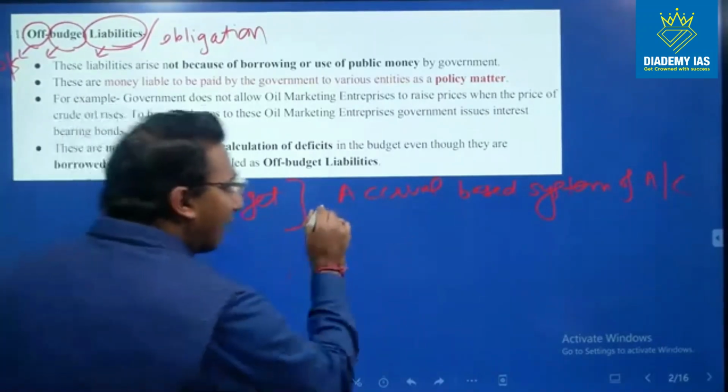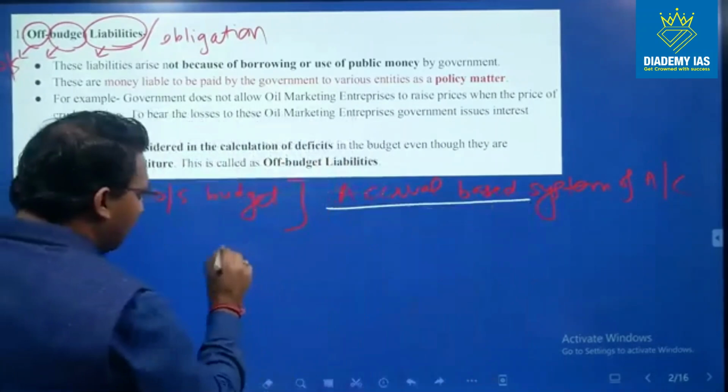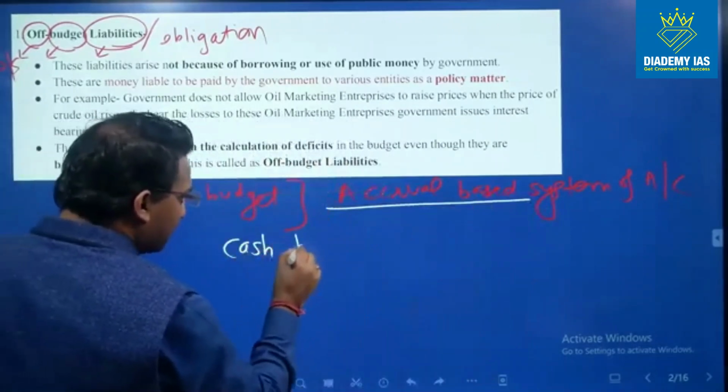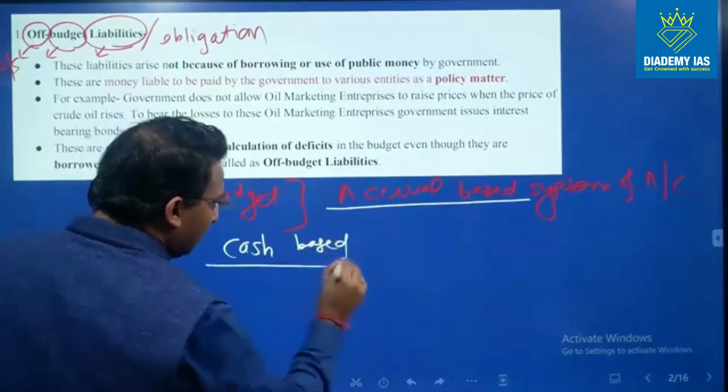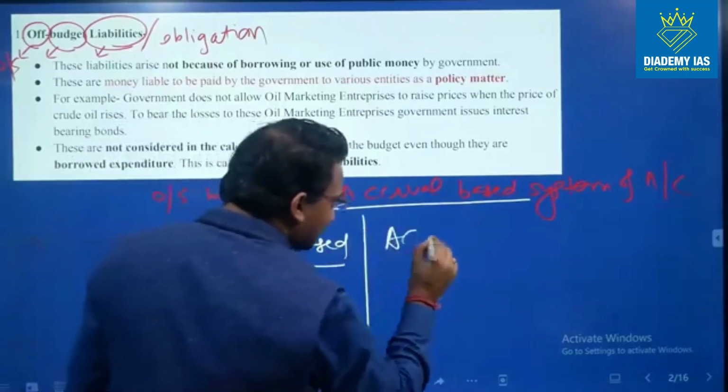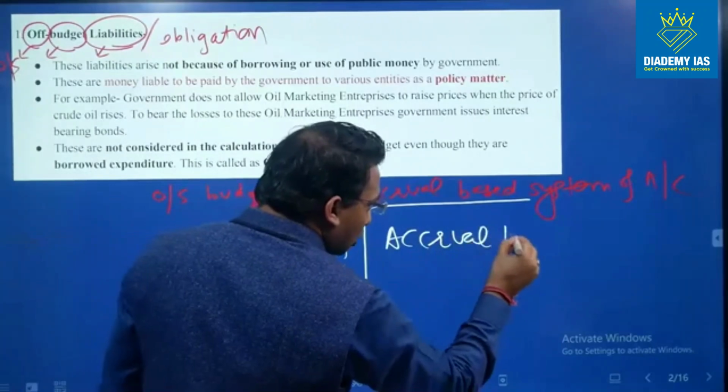So what is the accrual based system of accounting? To understand it, we have to understand cash based versus accrual based accounting.